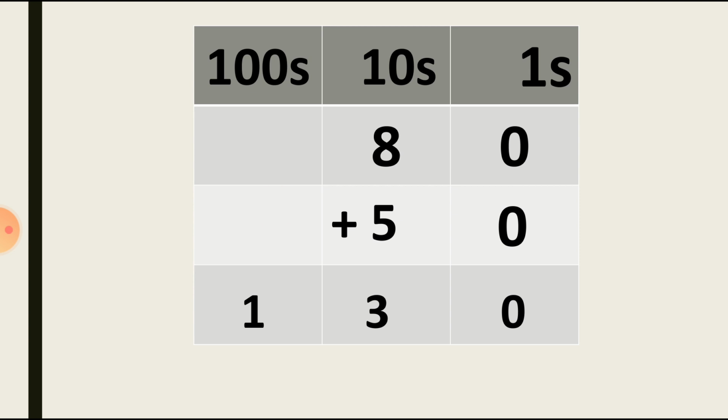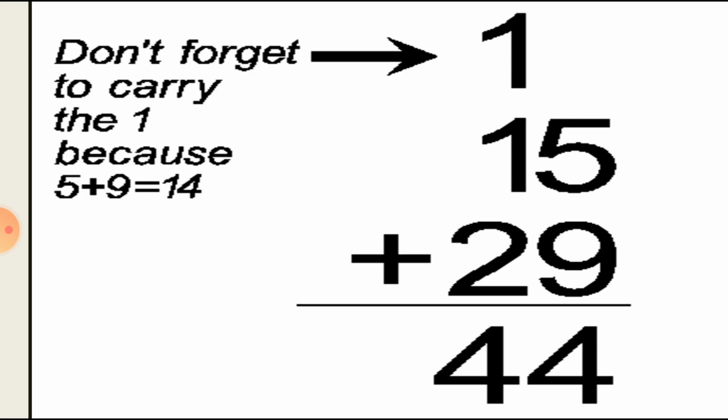There is no value at this hundreds column, so you can write 0 there. So 0 plus 1 is equal to 1. This way you can solve these types of sums, and I hope there is no doubt in this.